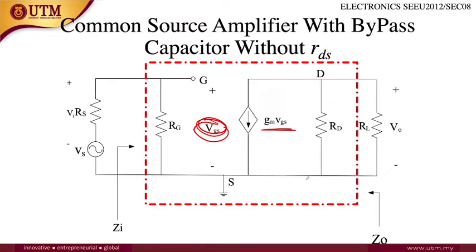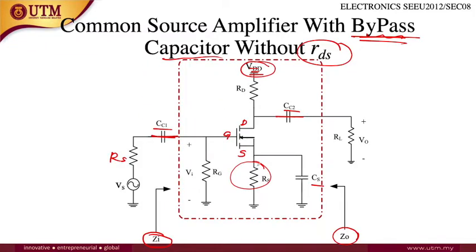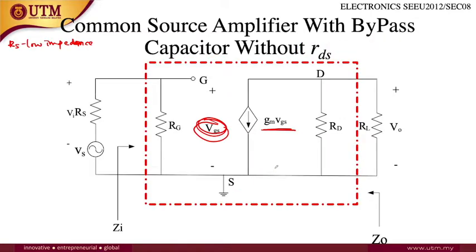RS is not included because the low impedance of the capacitor makes this resistor short. Because of the low impedance shorting the resistor, it can be neglected for this AC equivalent. So there is no RS inside here.